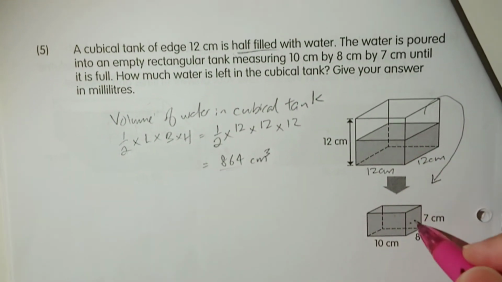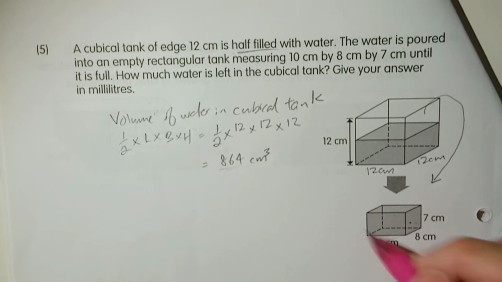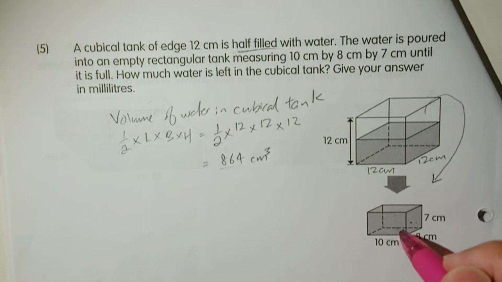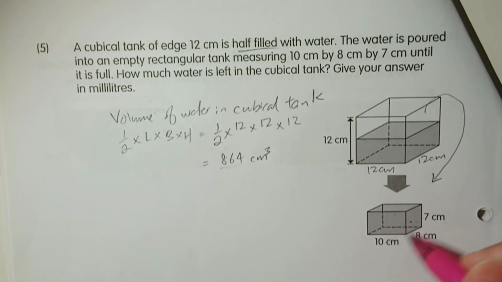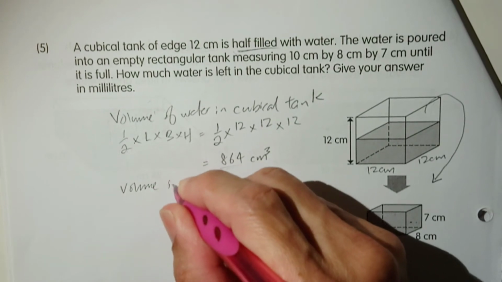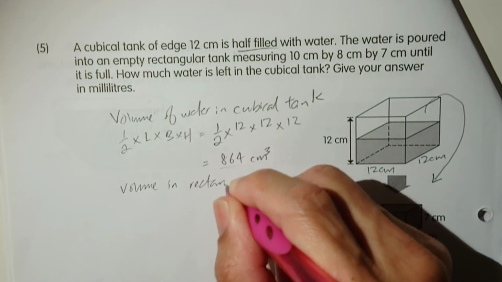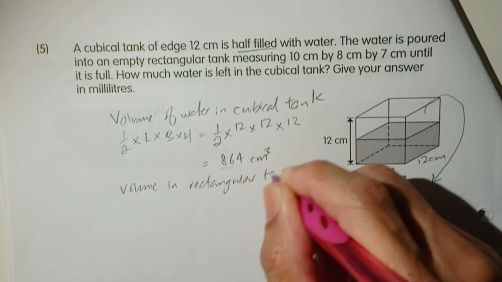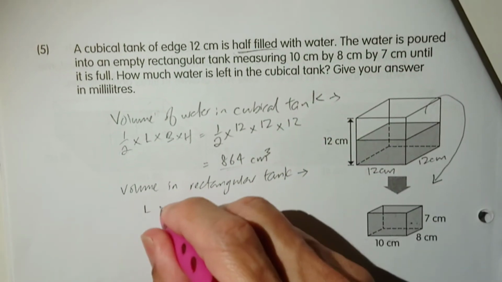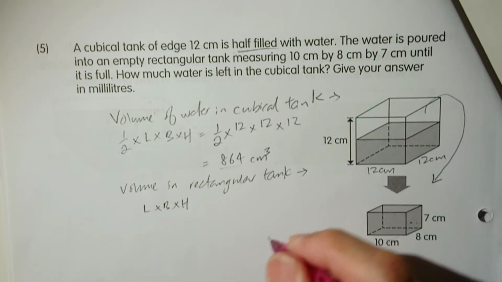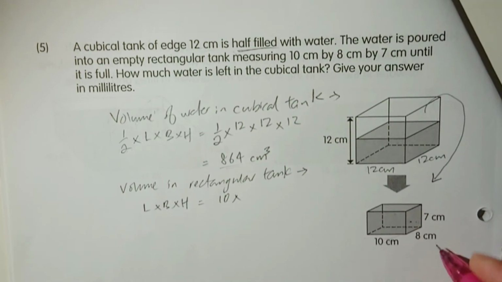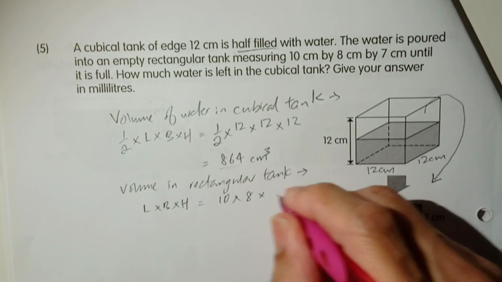Okay, so this water is poured into this tank. This water is poured inside here until this rectangle tank is full. So now let's find the volume that was inside here, that was actually poured in. Volume in rectangular tank would also be length times breadth times height, but this time your length would be 10 centimeters, your breadth would be 8 centimeters, and your height would be 7 centimeters.